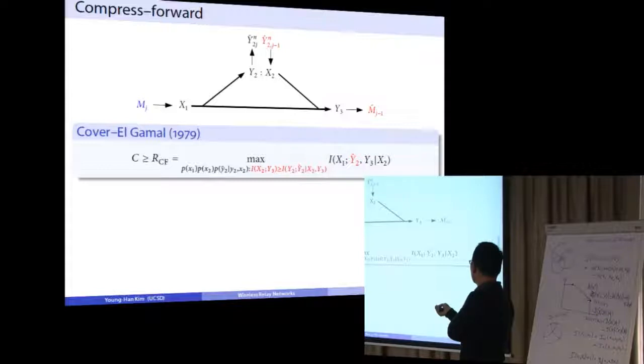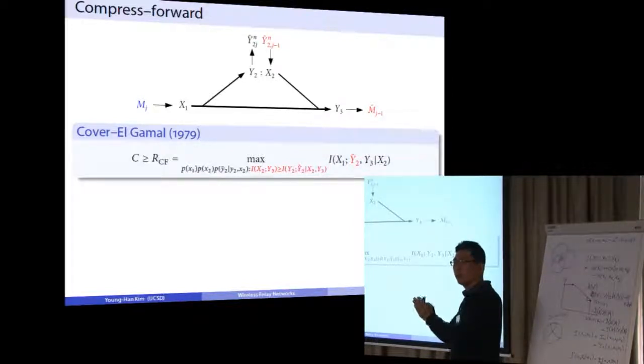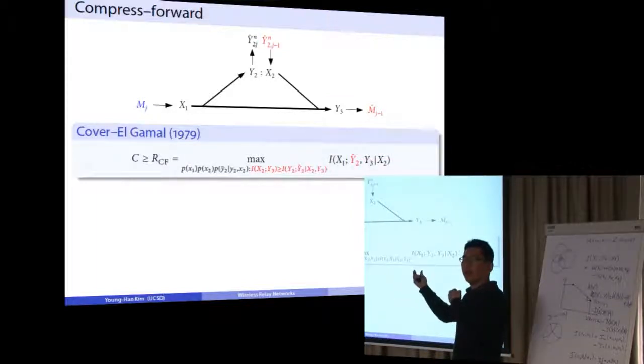So the mutual information between X2 and Y3 should be greater than the rate we need for quantization, which is given as I of Y2, Y2 hat given X2, Y3. The detail here is not very important. The basic idea is very simple. We quantize the Y2 signal, somehow communicate it to the final destination, and the final destination utilizes both its own signal and the quantized version.